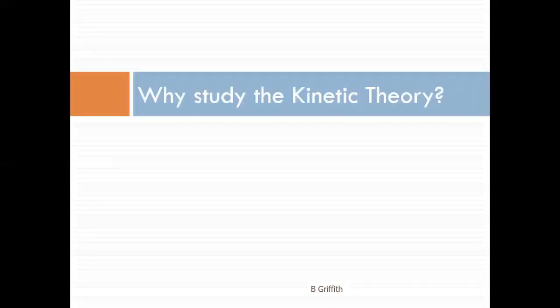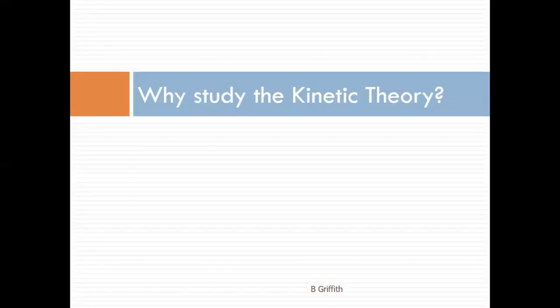So why do we study kinetic theory? Why do we care? As chemists, what is important to us is the behavior of matter. So we study matter in terms of what matter is made of, which is why in Form 3, we started looking at physical and chemical properties of matter.